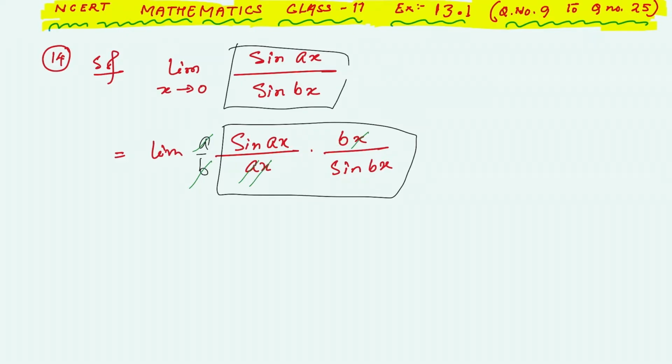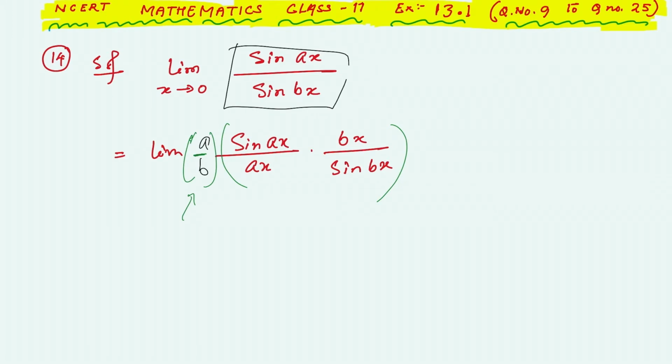That's why, if you write in this form sin ax by ax, bx by sin bx, you have to multiply by a by b in order to get the same expression as given in the question. Why have we transformed this? Because we know the standard limit of sin x by x when x tends to 0 is equal to 1, and we are going to apply that.